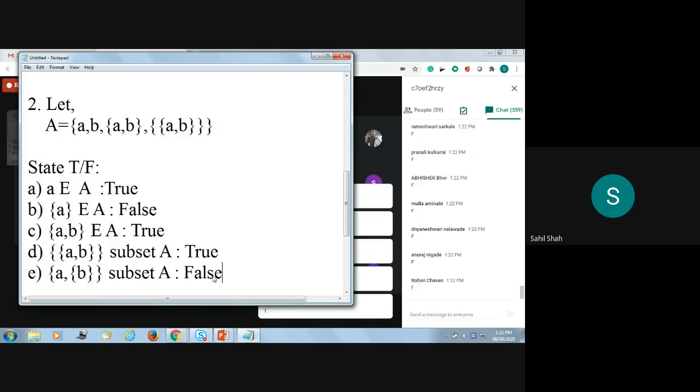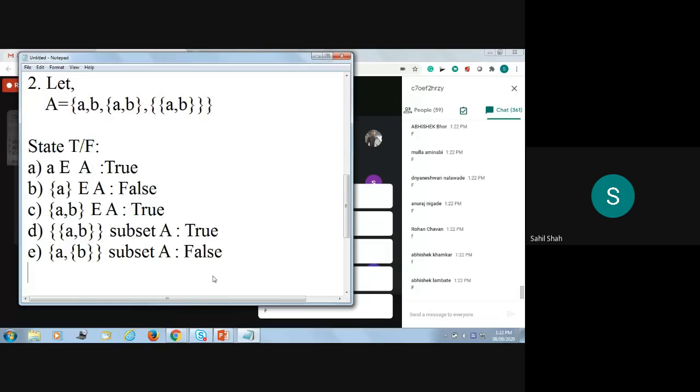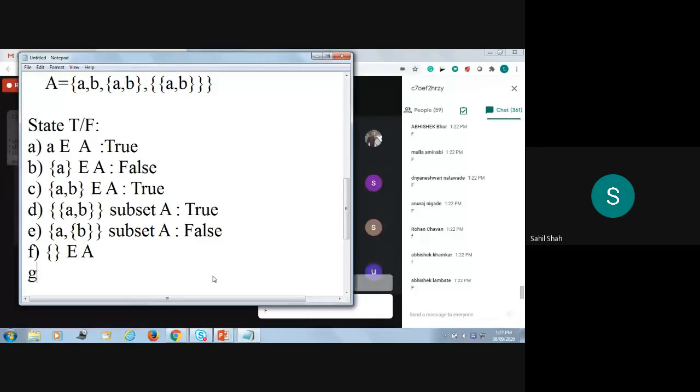We are now quite familiar with these notations, is it? Next is F and G. How about F?